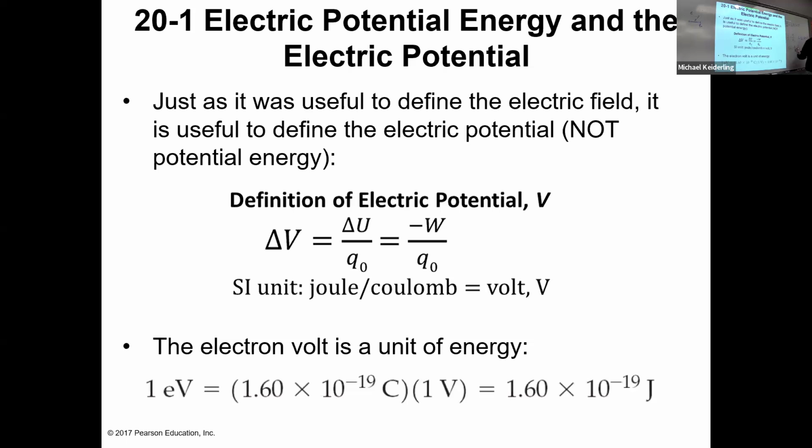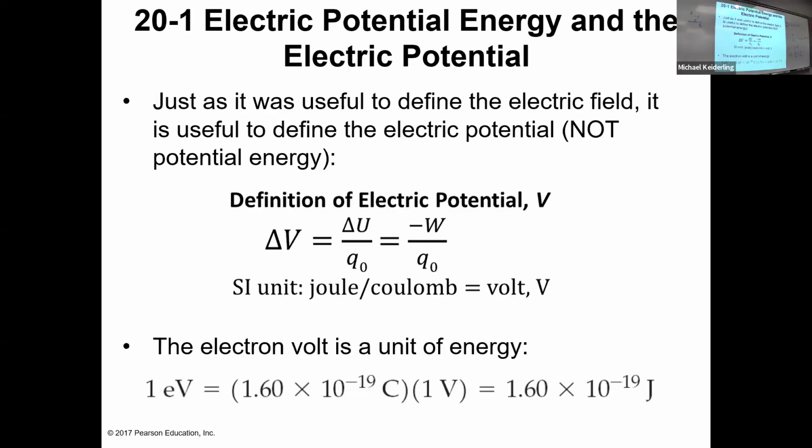So just as it was useful to define an electric field in reference to some test charge, it's useful to define an electric potential in reference to some test charge. So basically, we just divide both sides by Q naught, and we get delta V is the change in electric potential energy over Q naught, or minus work over Q naught.